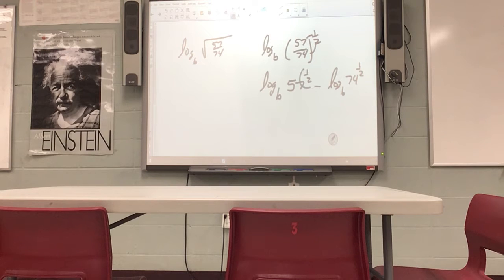And now we're going to do our power property. Bring those down front. Half log base b of 57. And I couldn't tell if that was a b or an h on that test, so if you put an h, that's okay. Minus a half of log base b of 74. Which was B, as in Boomland. That one I thought was one of the trickier ones for you.